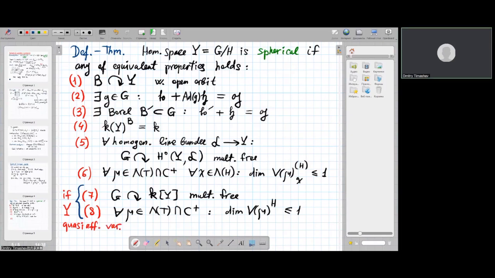In this case, conditions 7 and 8 are equivalent to the first 6 conditions. In the general case, they follow from the first 6 conditions, but are not equivalent to them. So this is a theorem that all these properties are equivalent, maybe under certain restrictions if you consider properties 7 and 8. And also, this is a definition: homogeneous varieties satisfying these conditions are called spherical.